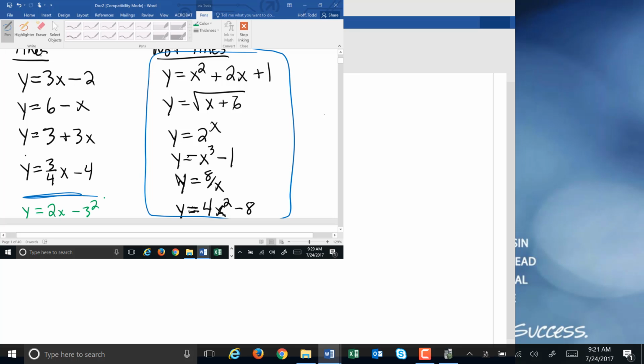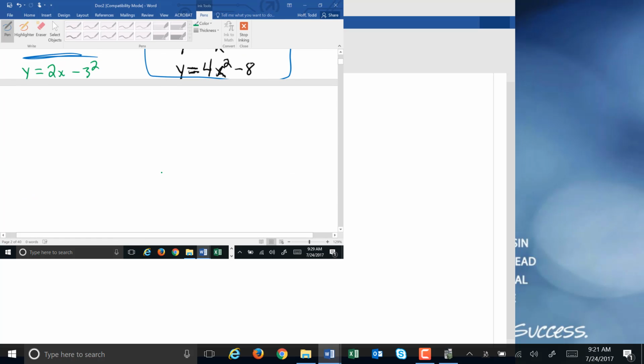What's different about this power? We can't have a power on the variable, other than 1, because remember, a variable has a power of 1.